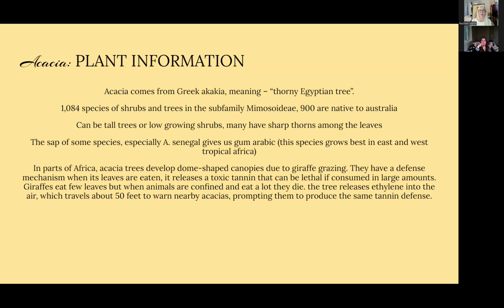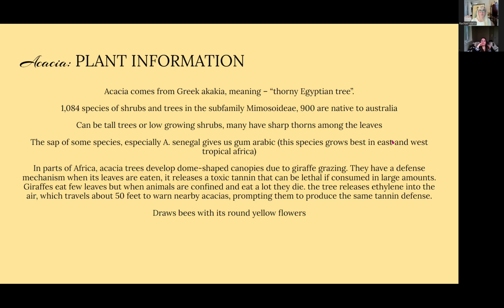There is a study where I think antelope were confined in an area with acacia trees, and they ate a lot of them and all died. The tree releases ethylene into the air, which travels about 50 feet to warn other acacias to produce that same tannin.